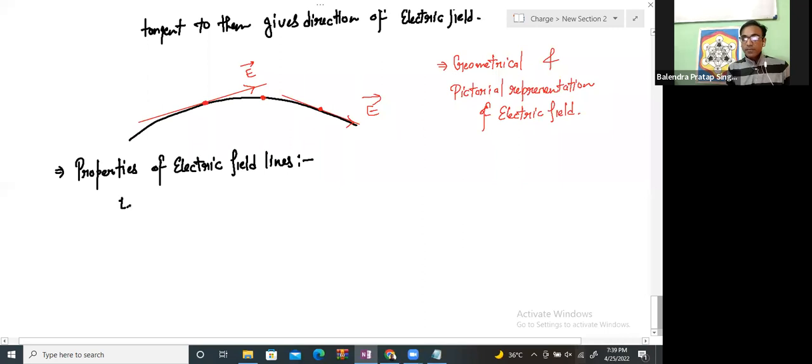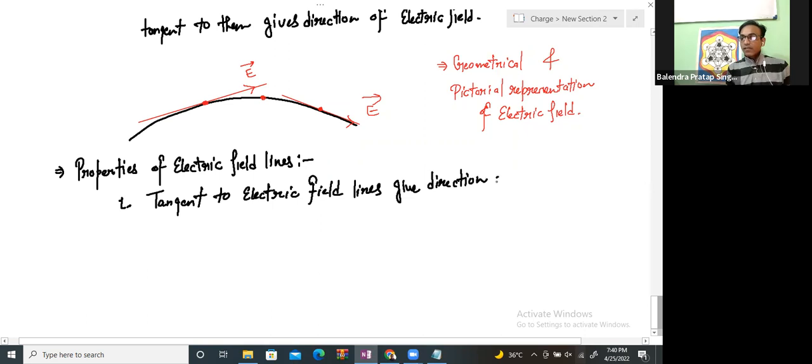The first point: the tangent to electric field lines gives the direction of electric field.